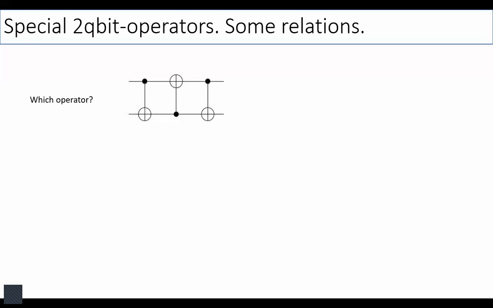Let us now see how it acts on 0, 0. Let us not try to guess, but just do the hard job. So 0, 0 by C naught goes to 0, 0, because the first qubit is 0, so nothing is changed.